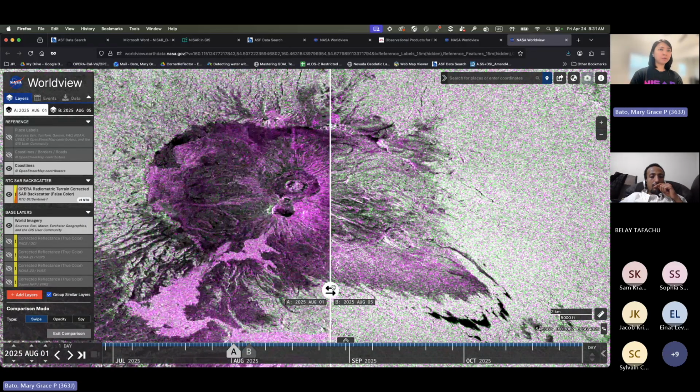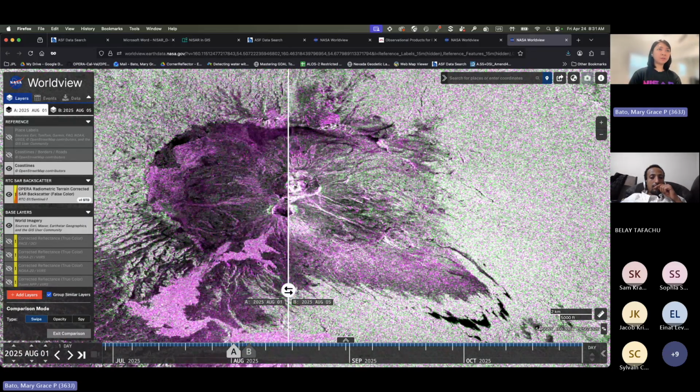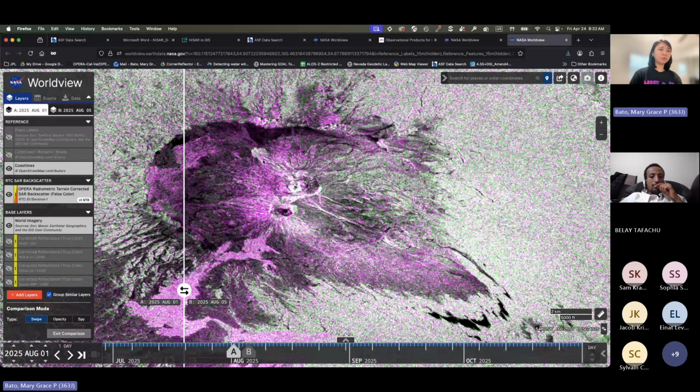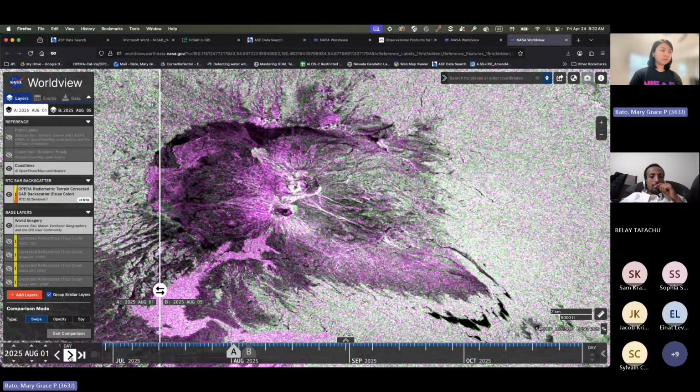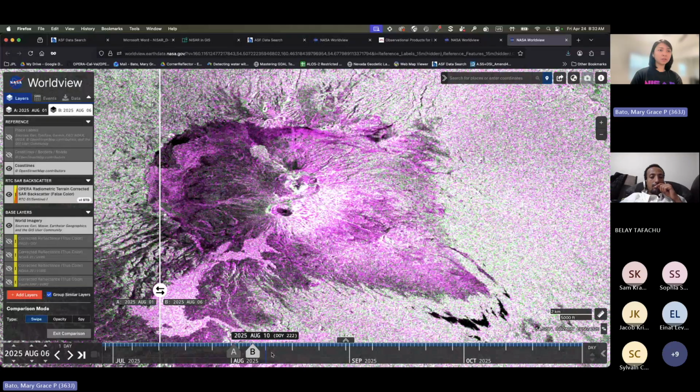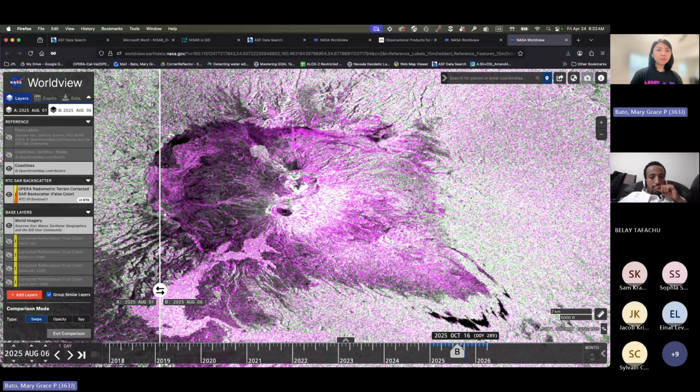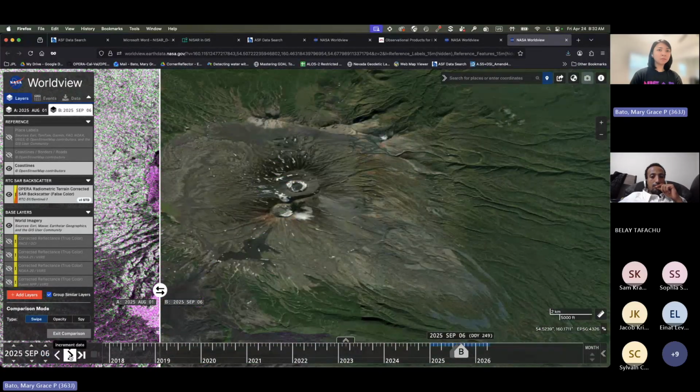Okay, so you have no eruption yet, and then after the eruption, you see that kind of flow. And then there's another acquisition the day after, for example, August 5. If I just go to B and then run that, you can see a very good growth of the lava flow in this case. And of course, I don't know if there is data after, but I think there was another one in September 18 of 17.